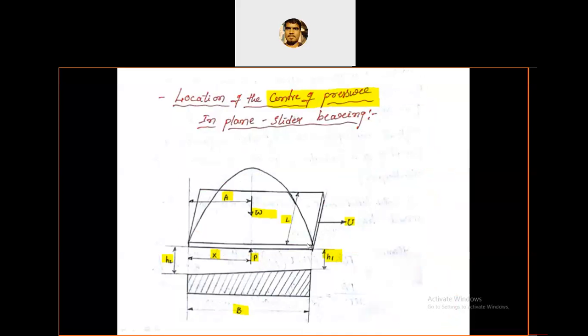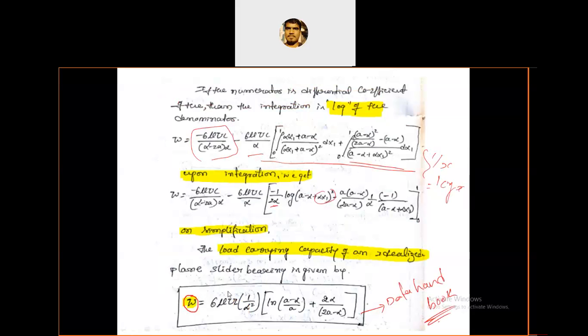So next, one more equation. In a hydrodynamic plane slider bearing, the load carrying capacity depends on L and B, the velocity of the moving plate U, the viscosity of the fluid mu, and the angle of inclination alpha.